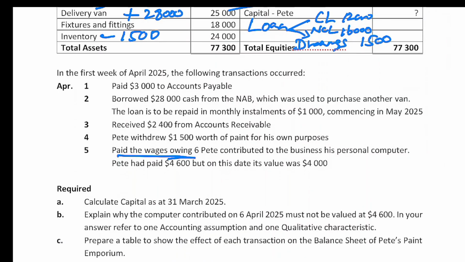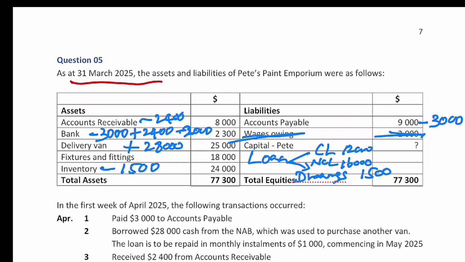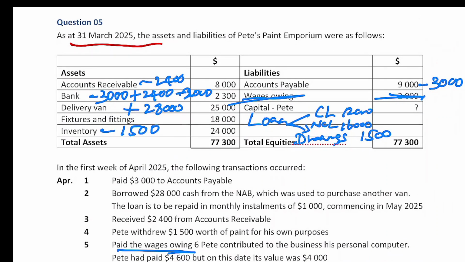Okay, then the other story is about the computer. What is affecting, guys? Computer. Capital. Computer, what happens? I don't have space here, so I write here. Computer, what happens?